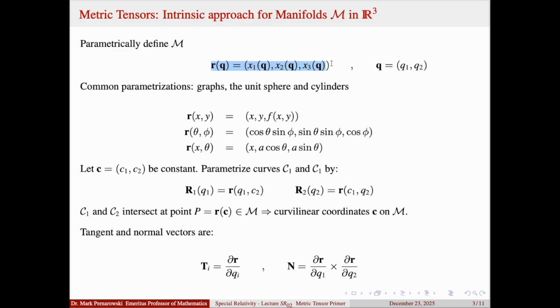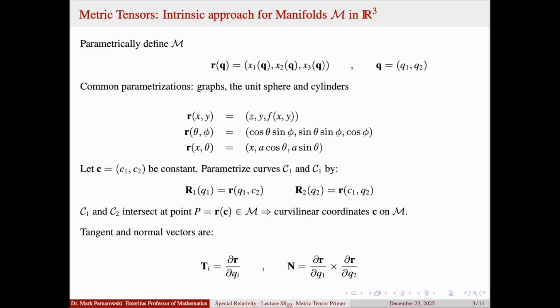So for a two-dimensional surface in a three-dimensional space, the position vector on the surface at coordinate q, which is only a two-dimensional coordinate, can be given by a three-vector as listed here. So r of q is a point on the surface or manifold M. Some common manifolds that are described this way, the first one are graphs.